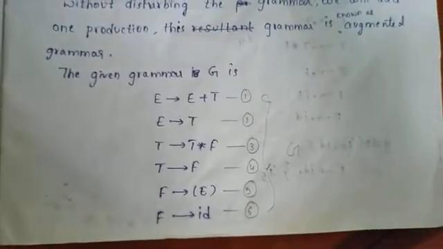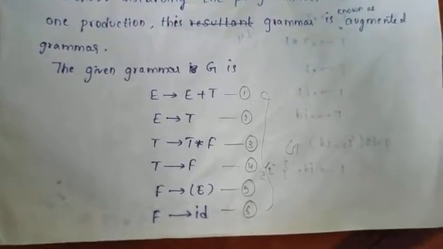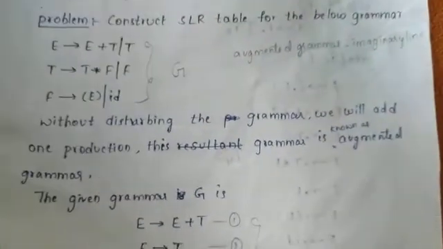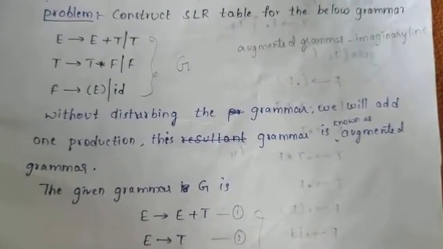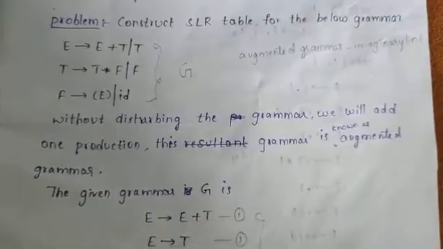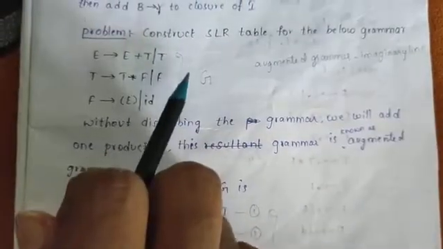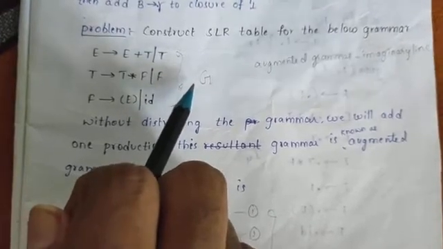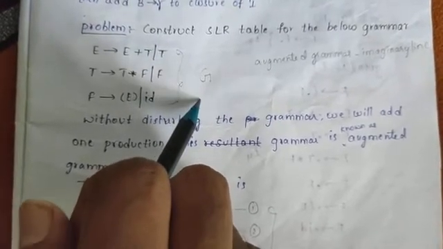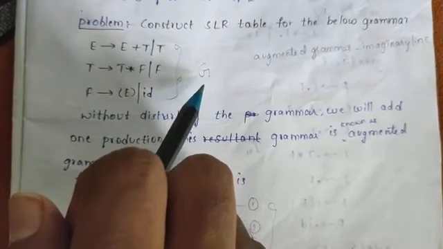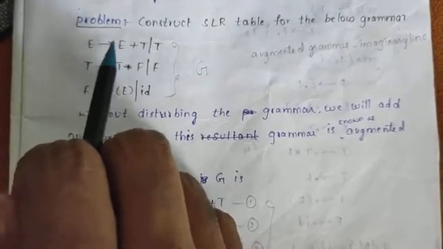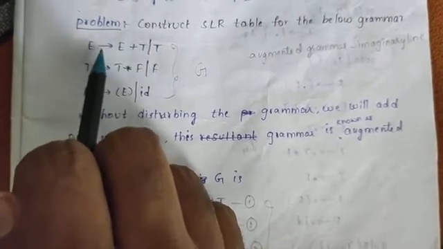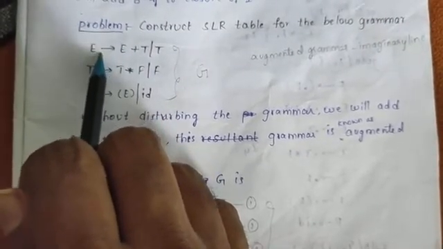Before discussing this, we need to know one more thing, the augmented grammar. What is meant by augmented grammar? If the grammar is G, the augmented grammar is obtained by taking one dummy element that produces the root element of the grammar.